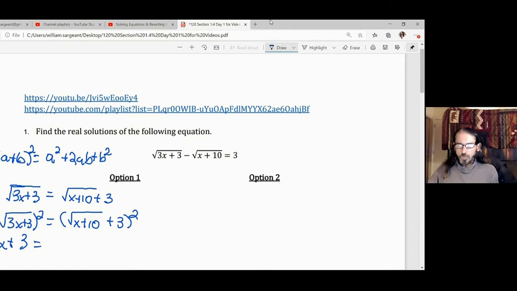If you're unfamiliar with that, I'm going to link a video from earlier that goes into that a little bit more. So take a to be the square root of x plus 10.